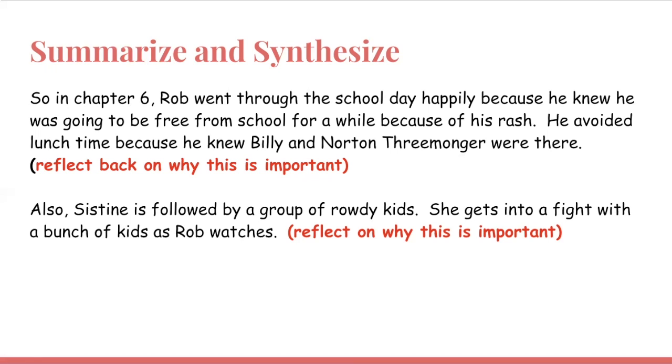And then the next chapter, he talks to his father and shows him the note. His father says, I guess you can be out of school for a couple of days, but what's on your legs is not contagious. So that's kind of where we ended up at the end of this last chapter.